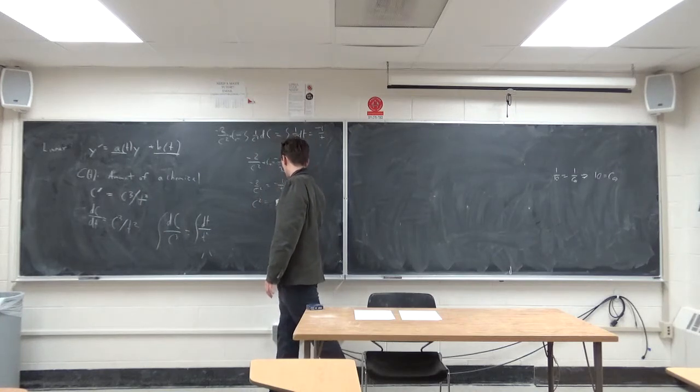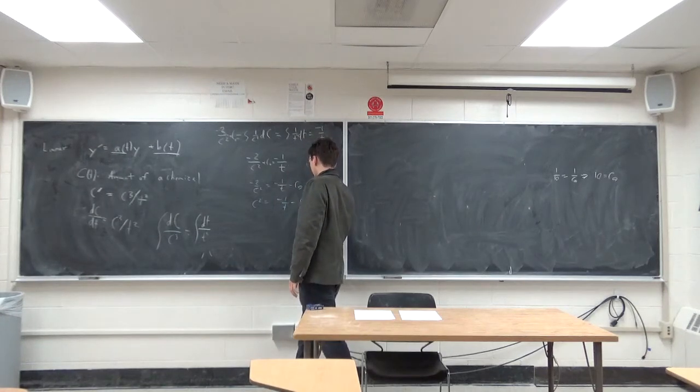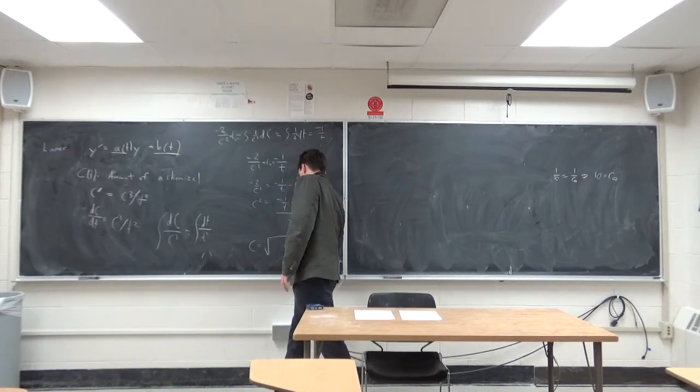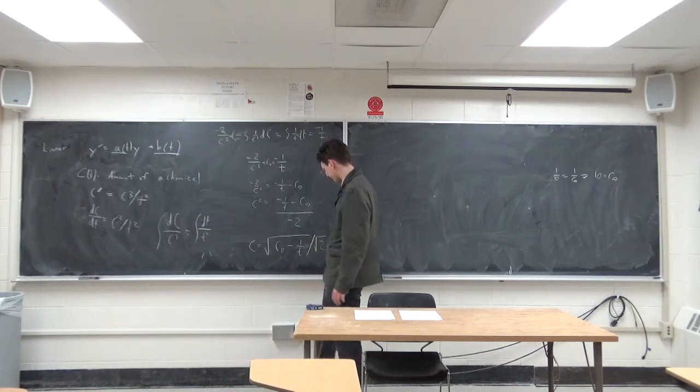c squared is equal to negative 1 over t minus c naught over negative 2. And then I get c is equal to the square root of c naught minus 1 over t, and then I have square root of 2.